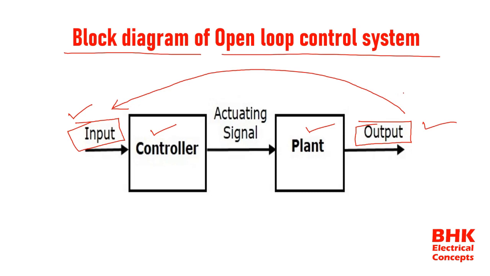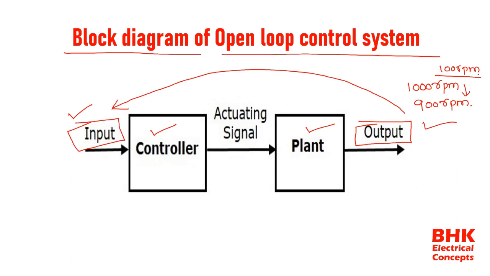That is the reason why, for example, we are expecting 1000 rpm at the output, but instead of 1000 rpm we are getting only 900 rpm. It means between these two we have 100 rpm as the error, and this 100 rpm is not going to be corrected by the input.